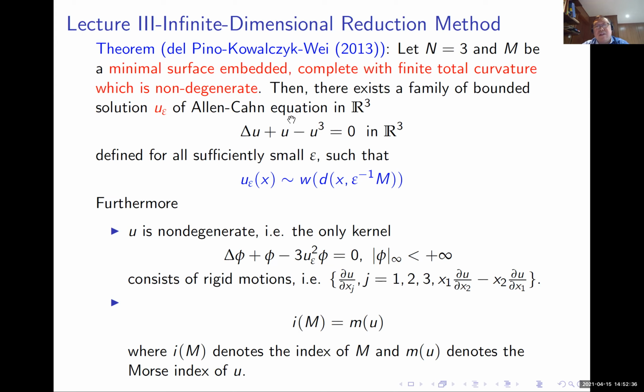Then we want to construct a family of bounded solutions to the Allen-Cahn equation, whose nodal set is nice in the rescaled minimal surface, like M over epsilon. We'll also have further properties like non-degeneracy, and the Morse index and the index of the manifold are equal. So this is the thing we want to prove.